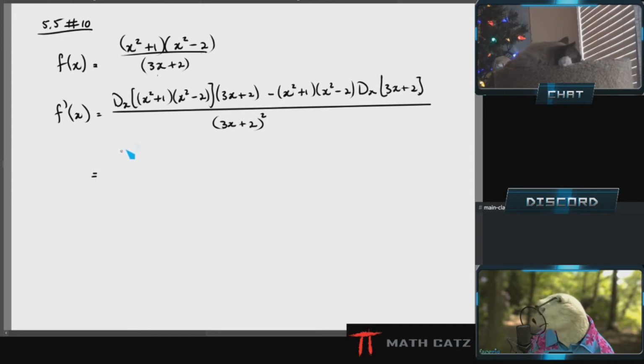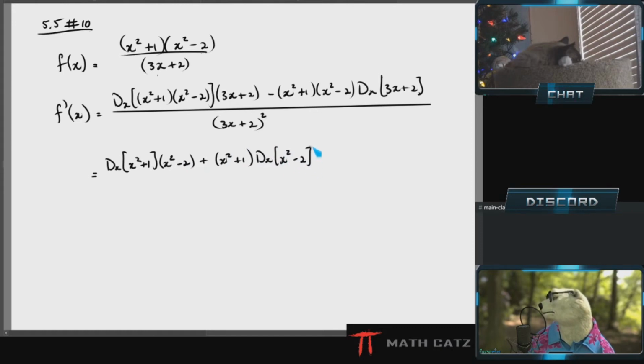Okay. So now this derivative here requires a product rule that I will emphasize. You don't have to, but I will because it's a teaching tool as well. Derivative of the first times the second plus the first times the derivative of the second.